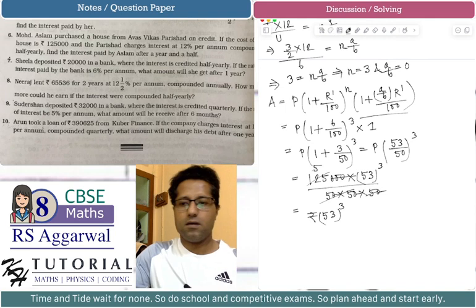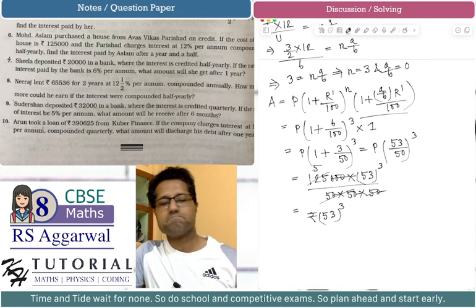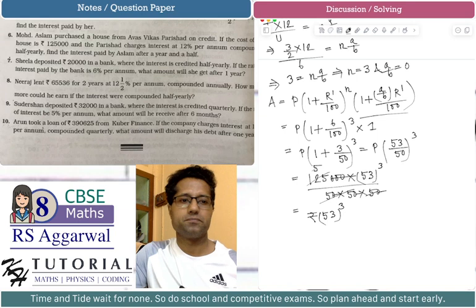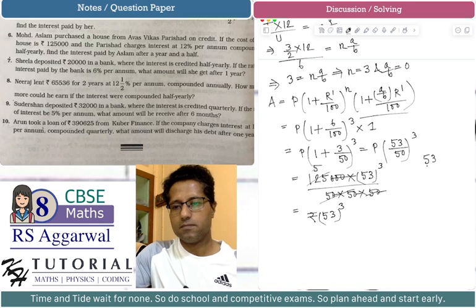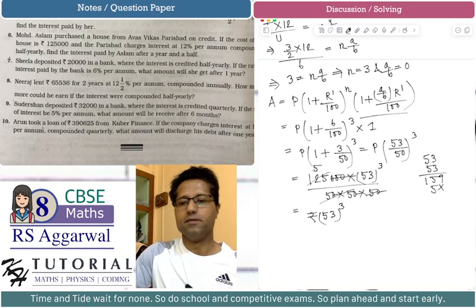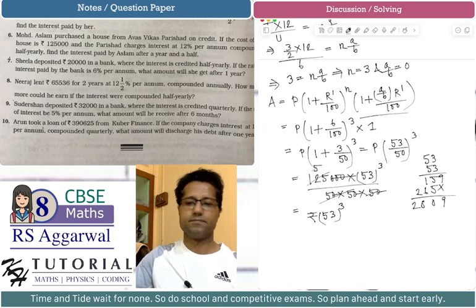Okay. So we have to find the cube of 53. 53 multiplied by 53 is 2809.